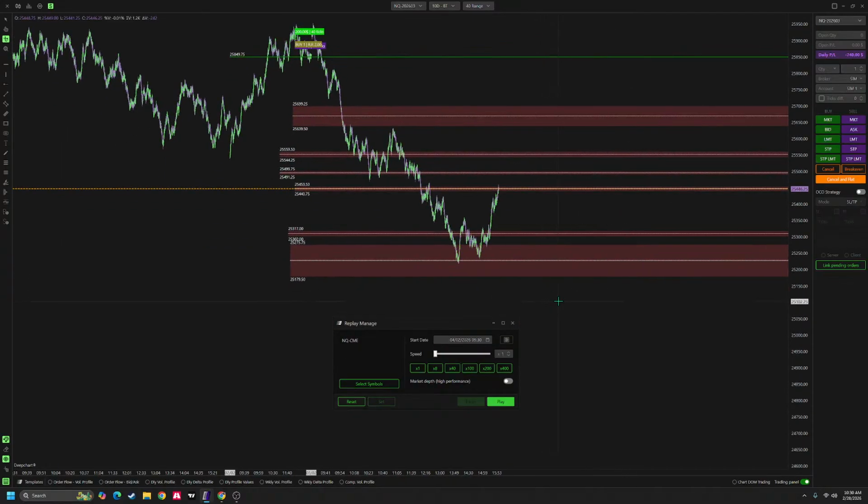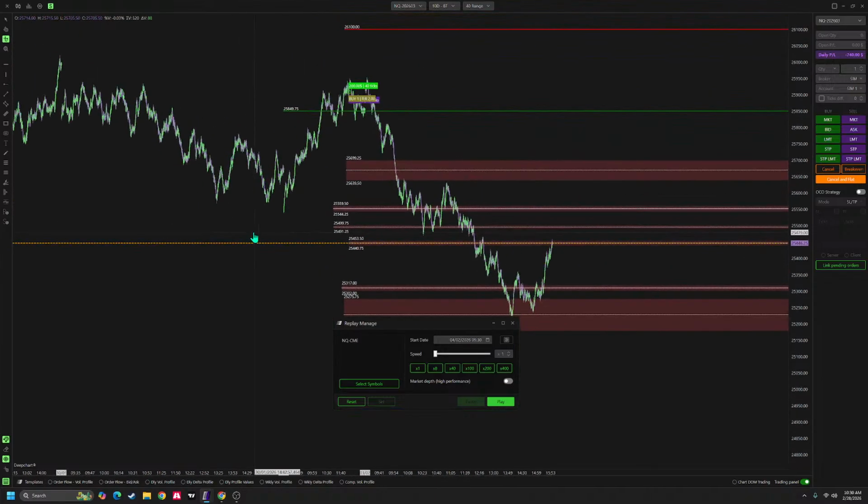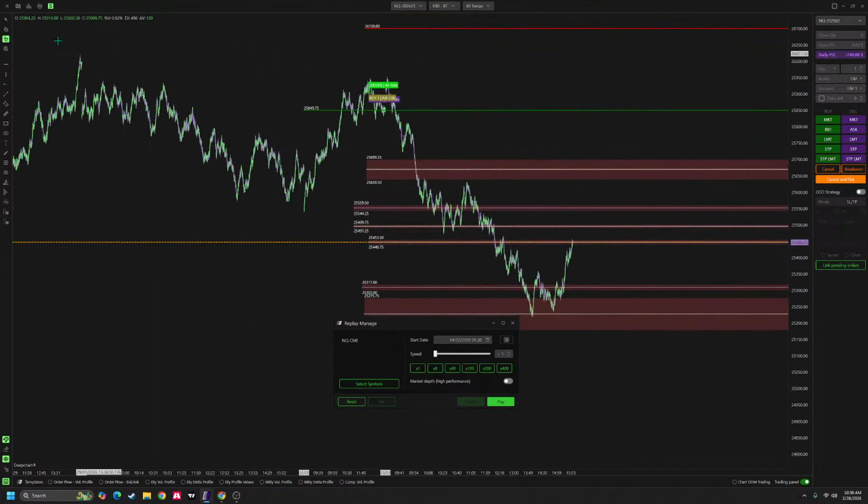So price is going to open up at 9:30. We're going to do 1x speed to start, and the bars are going to move pretty quick because it's a 40 range chart. The different indicators that I have, so essentially I've marked some levels.